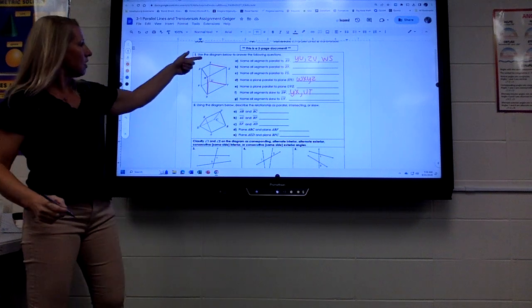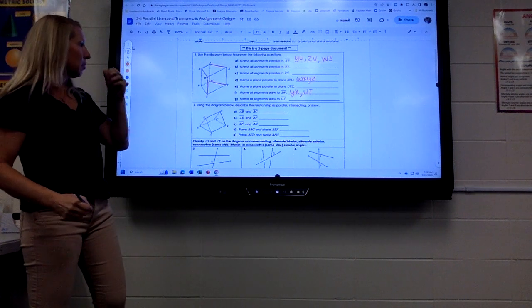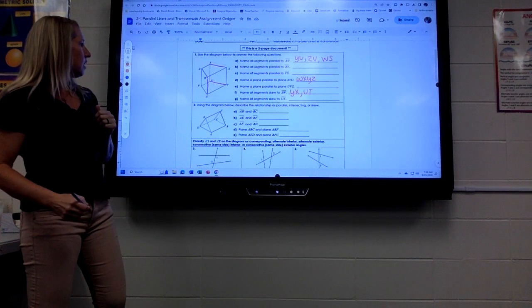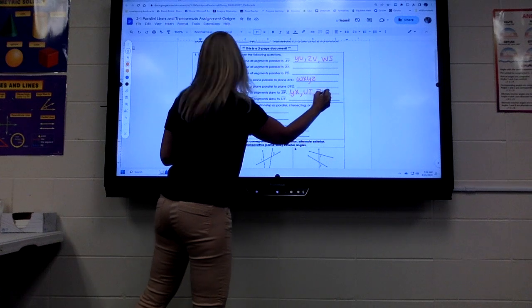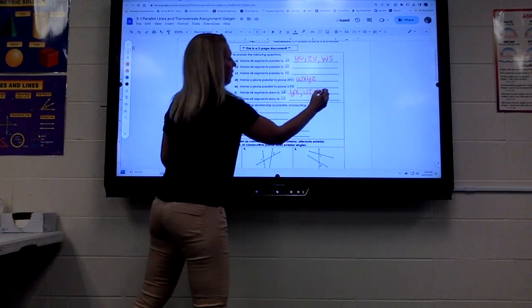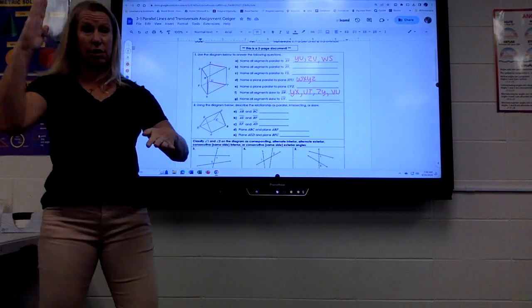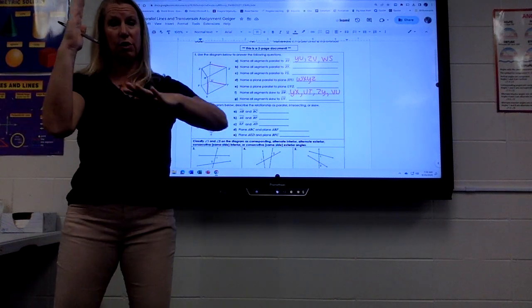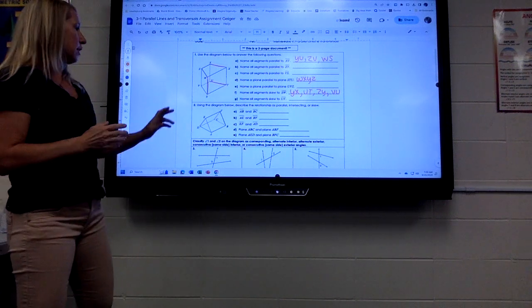Now I could not do YU because it's going in the same direction. So you want different plane, different direction. So I could do ZY and VU because they're in different planes going in a different direction. So one's going this way and then the others are this way. So hopefully that helps with those. You'll have to do the same thing for part G.